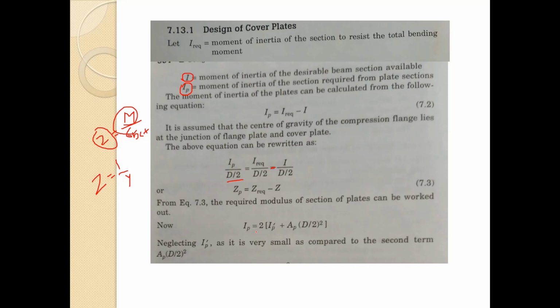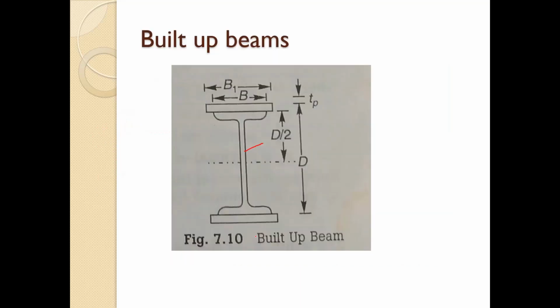Now Ip equals 2 into I dash p plus Ap into (d by 2) squared. This I dash p is nothing but the moment of inertia of these plates, this section, this and this.